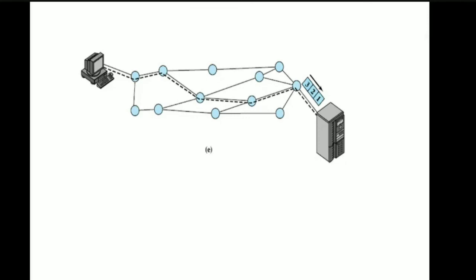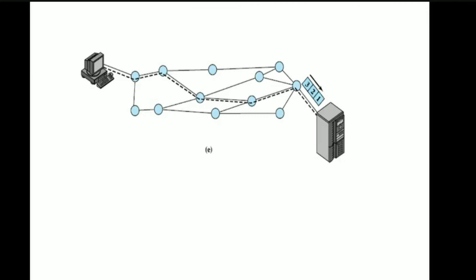So the other advantages of the virtual circuit network are that it provides services like sequencing and error control. Sequencing means that because all of these packets follow the same route, obviously they arrive in the original order.